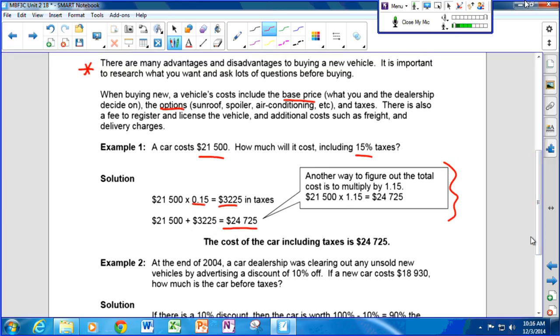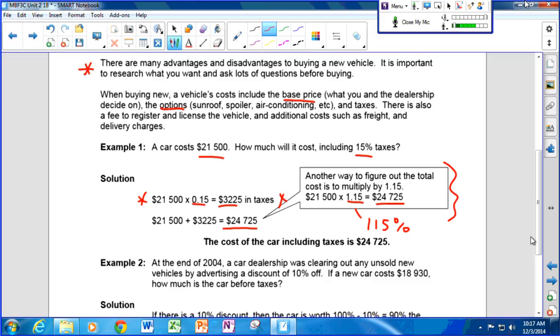If all you need is the total, and you don't need the actual amount of the tax, you just skip this first step, and instead of multiplying by the tax rate, you multiply by 1 point whatever the tax rate is. So if it was 13%, it would be 1.13, and you get the total right away. Basically, this means you're finding 115% of the price, which is 100%, the price, plus the 15%, which is the tax.